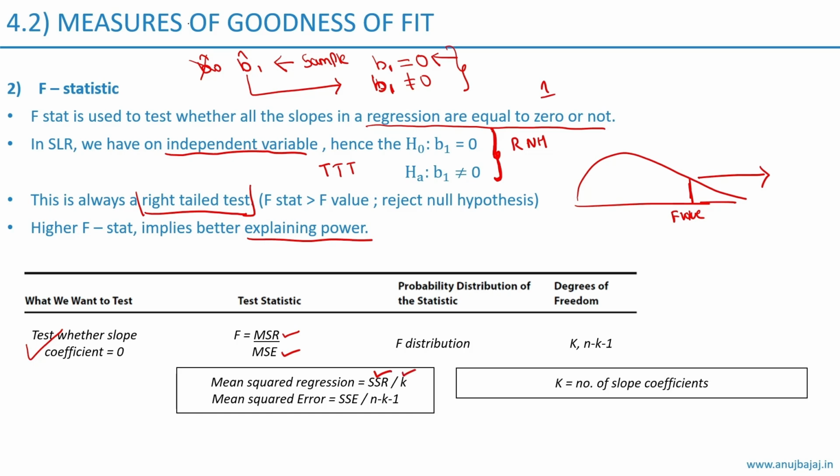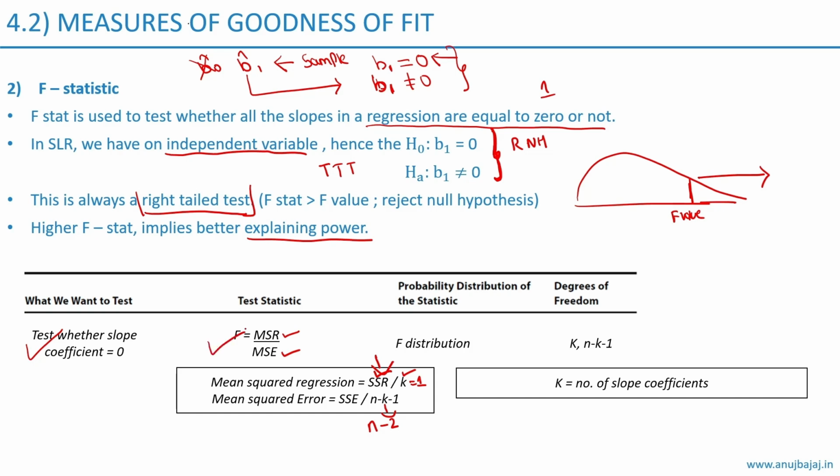K refers to the number of slope coefficients. So in a simple linear regression, k will always be equal to 1. So the mean squared regression in a simple linear regression is the same as the sum of squared regression. The mean squared error equals the sum of squared error, which is the unexplained variation, divided by n minus k minus 1, which is as good as n minus 2.